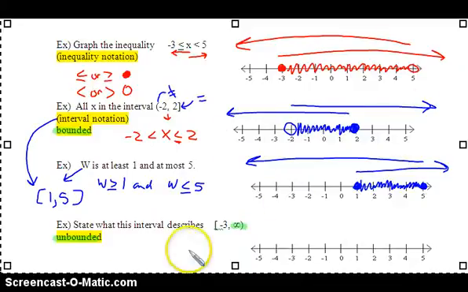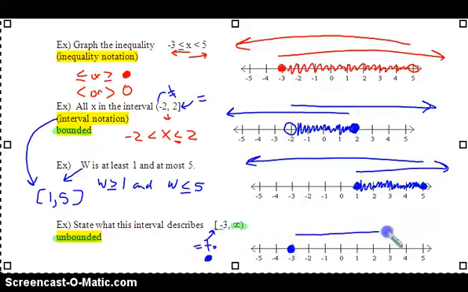So when we're dealing with doing an unbounded one, the number that we need to put on our number line is -3. I've got to ask myself if this should be an open or closed circle. This is a bracket so that it means that it's equal to. So I'm going to put that as a closed circle. And then it is going off into positive infinity.